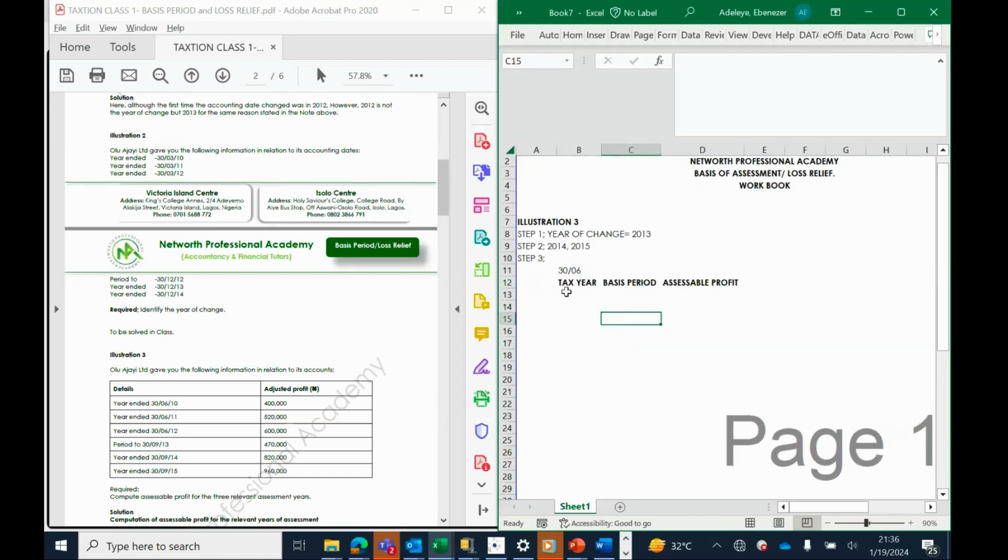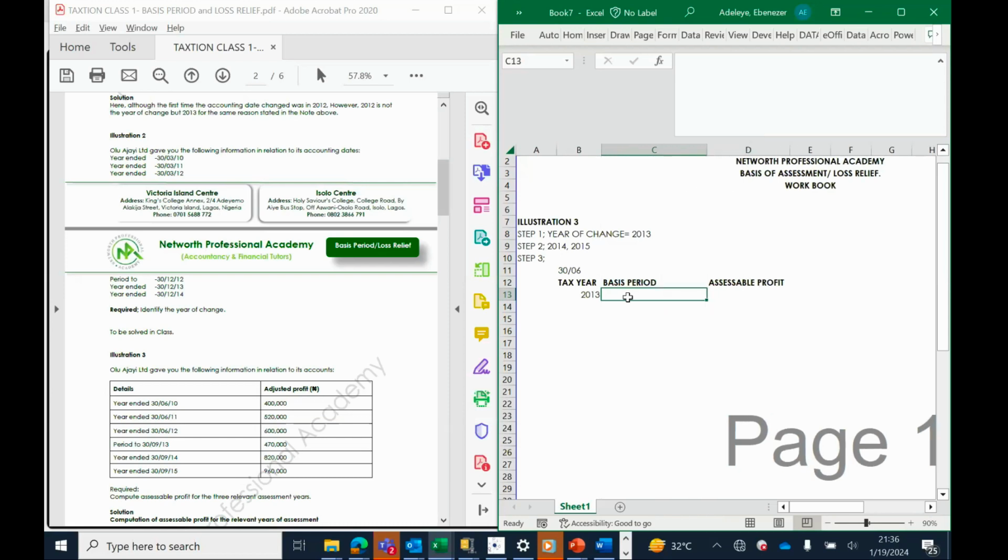So we said our first relevant year is 2013, right? That is the year of change. In the old accounting date, what will be the basis period? Because of Rosanna that is just joining us, please pay attention to how we write out the basis period.